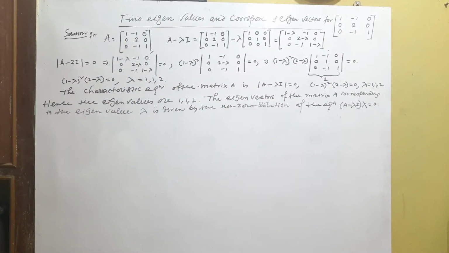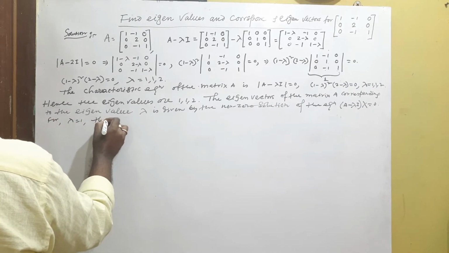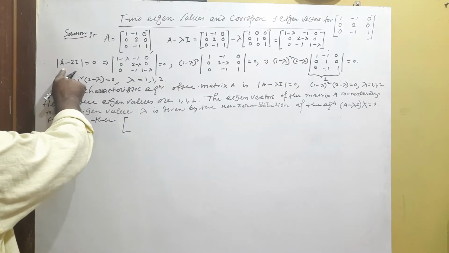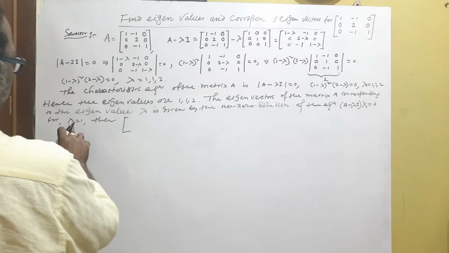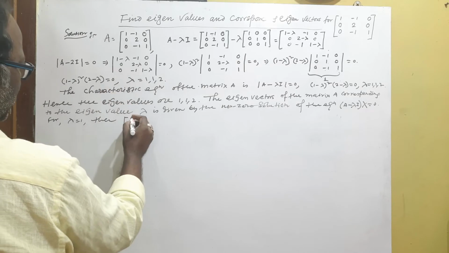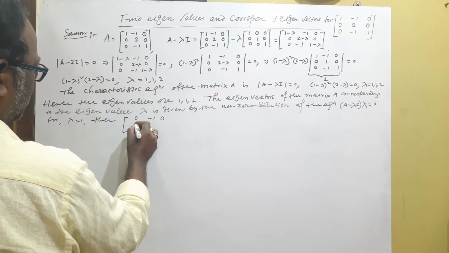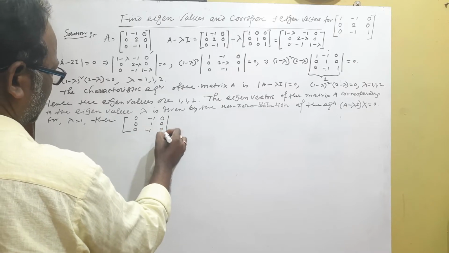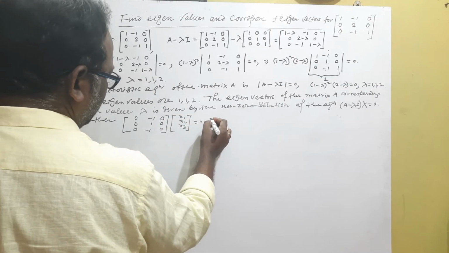Okay. For lambda equal to 1, then we have A minus lambda I. So 1 minus lambda, if we put lambda equal to 1, this is 0, -1, 0; 0, 1, 0; 0, -1, 0, and the column matrix x1, x2, x3 equals 0.